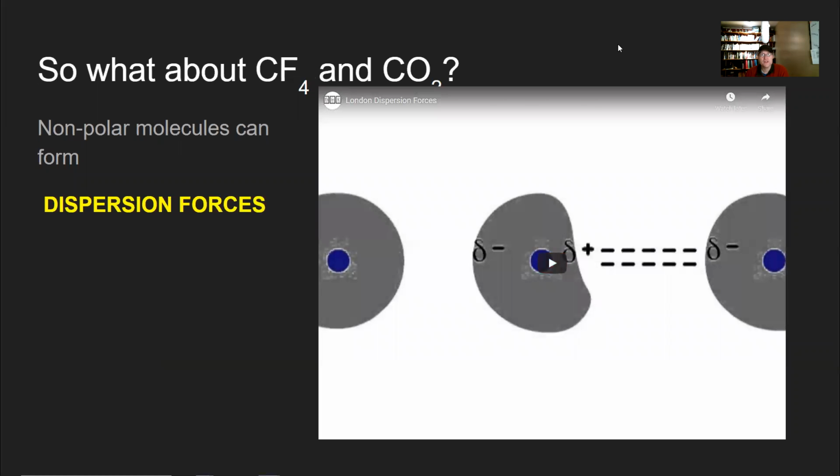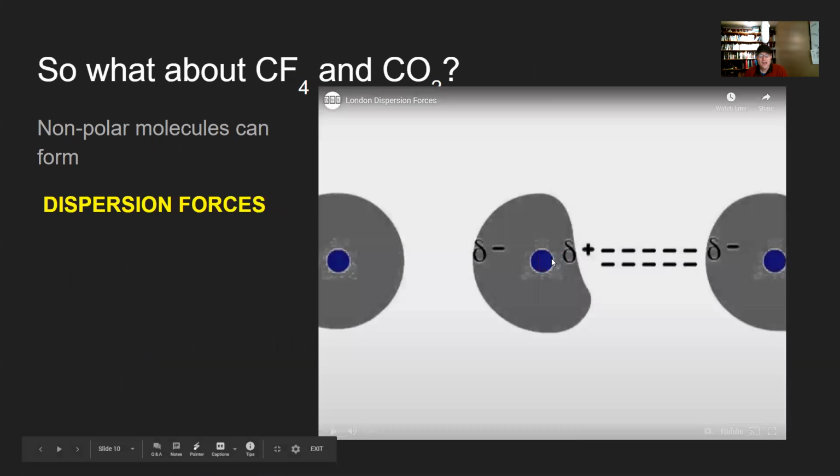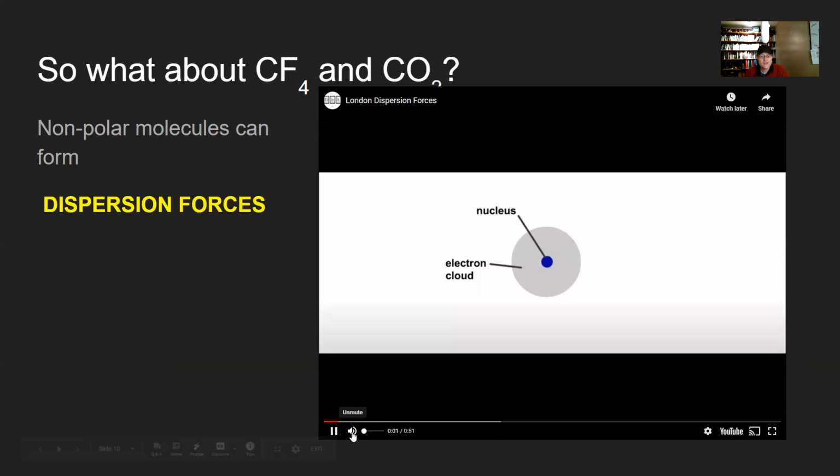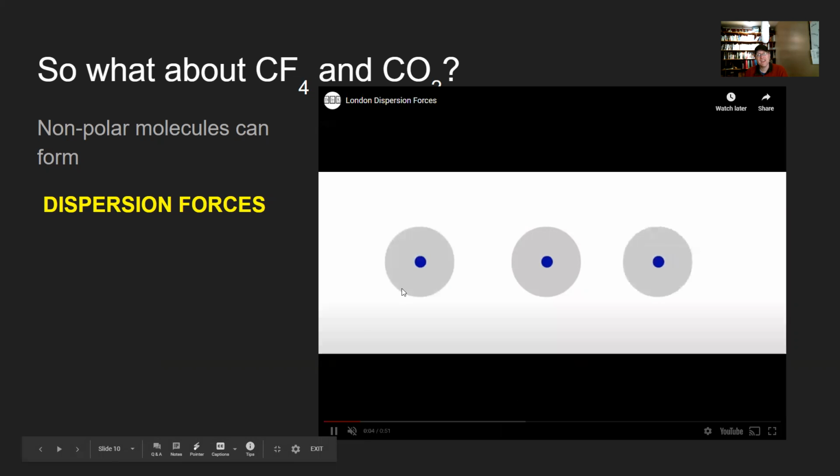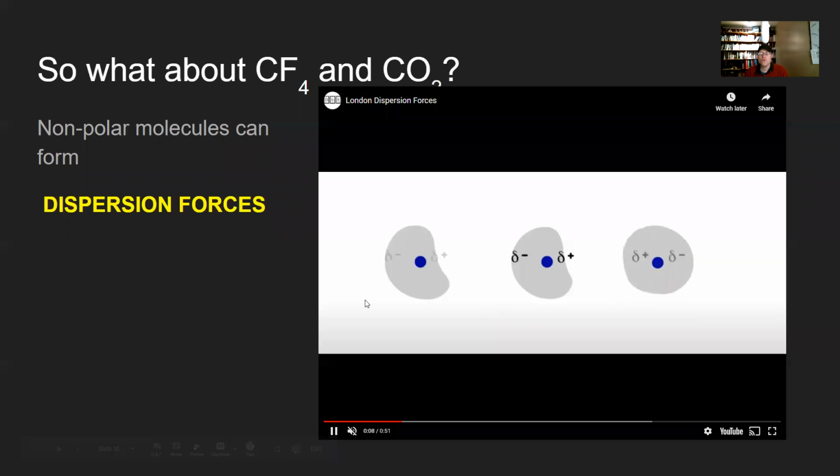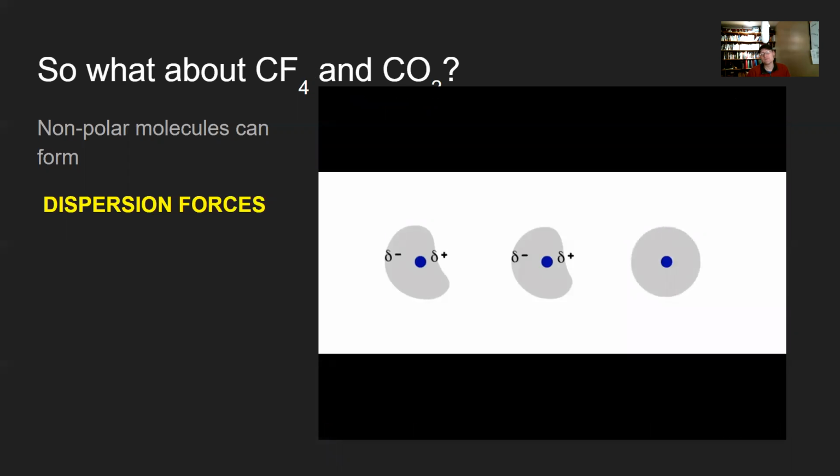So the dispersion attraction, non-polar molecules form a dispersion attraction. With this particular diagram, what you have is a nucleus center and then these gray electron clouds. What happens when one molecule, or one of those atoms, moves closer to another one, the electron cloud of one of those atoms will start to disturb the electron cloud of the other, shifting it in its shape, creating temporary or induced dipoles.